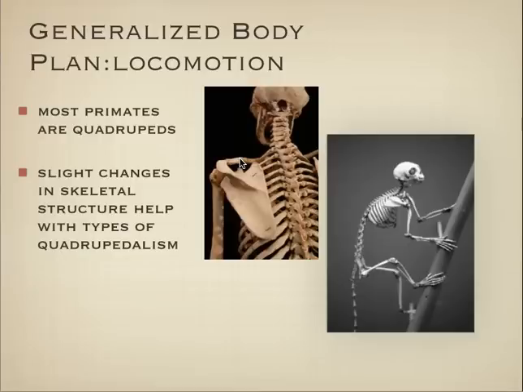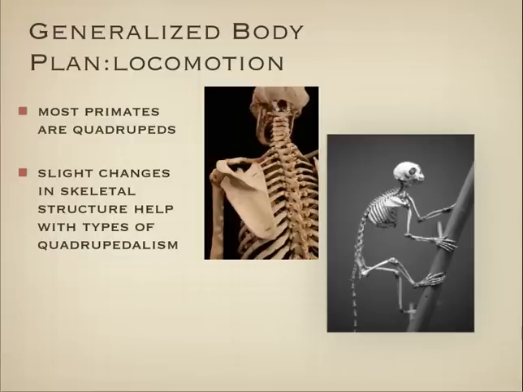In quadrupeds, primates that use all four legs to move around, we see the scapula is placed more towards the side. We call this a laterally placed scapula. In bipeds, where we don't use our forelimbs as well as our hind limbs to move around, we see a scapula that's moved more towards the center of the back. We call this a medially placed scapula.